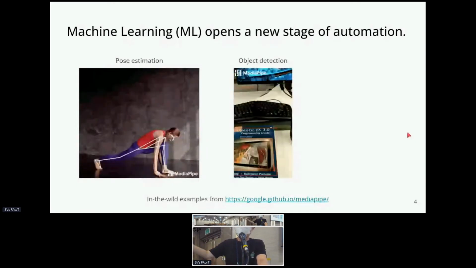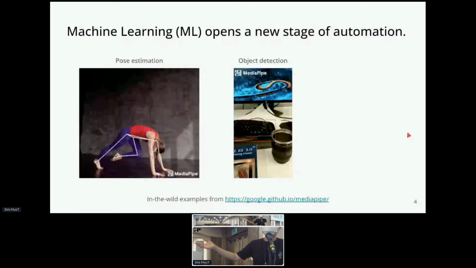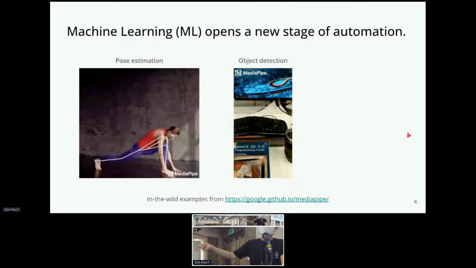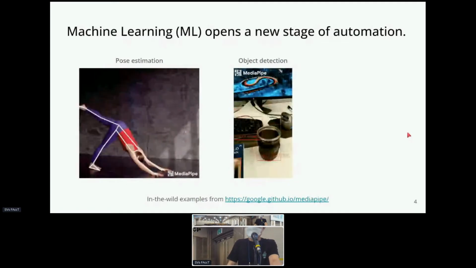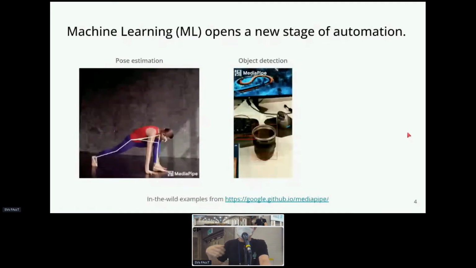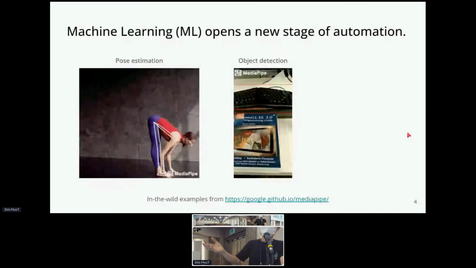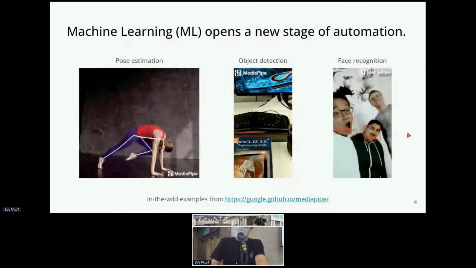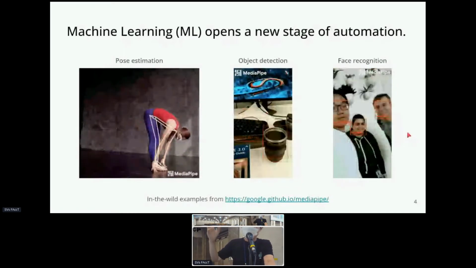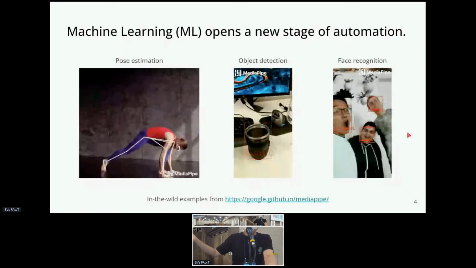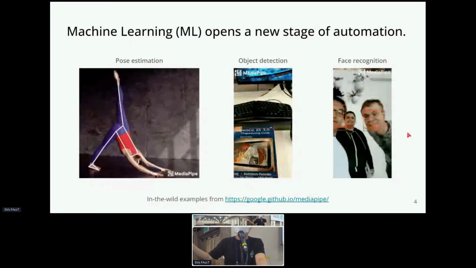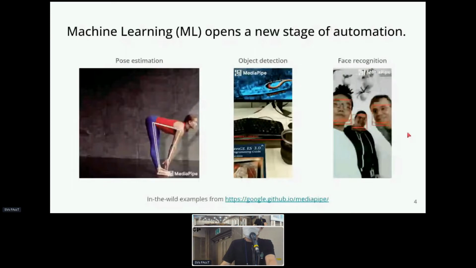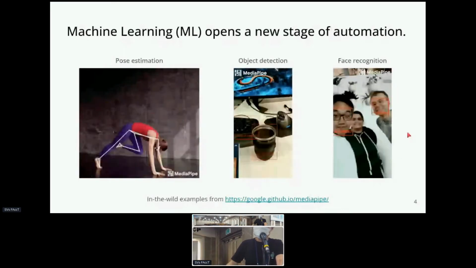The input is again an image, the pixels of the image, like 10,000 by 10,000 pixels, and the output is the location of objects in the image with bounding boxes and labels. And the last one is face recognition. Here again the input is an image of people, and the output is the coordinates of the faces in this image.